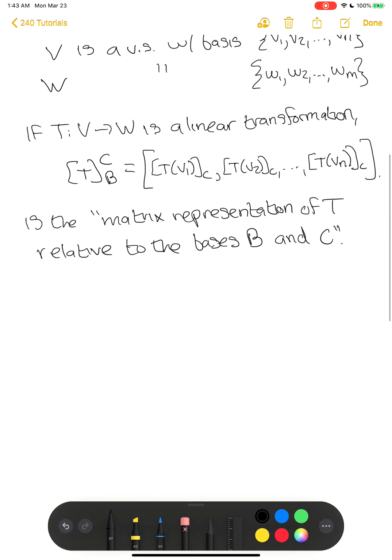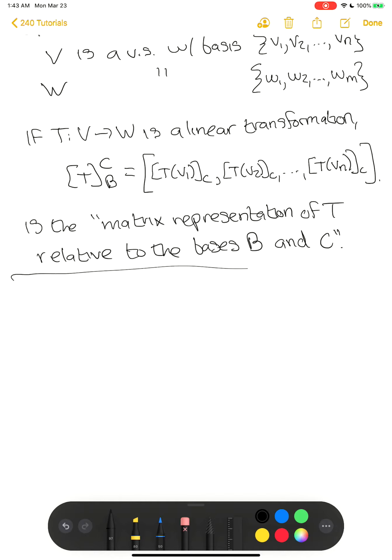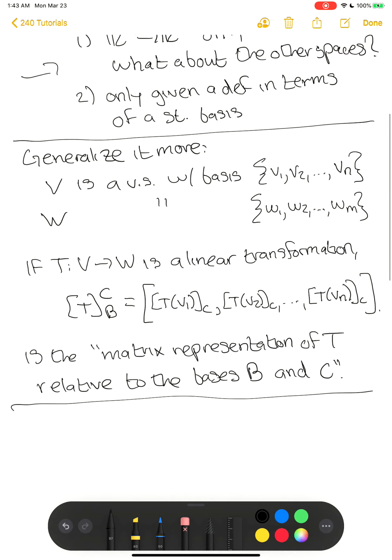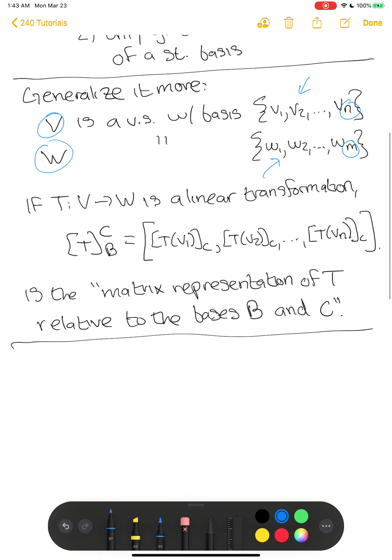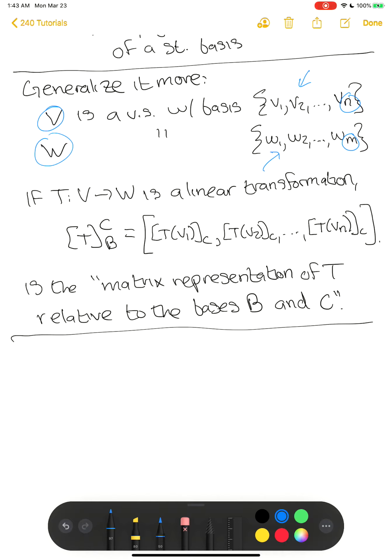But it takes care of everything we need to. We have arbitrary vector spaces here. We have arbitrary basis vectors. They are different sizes. Everything seems to work out. It's completely general, which is fantastic for us. But it looks daunting.